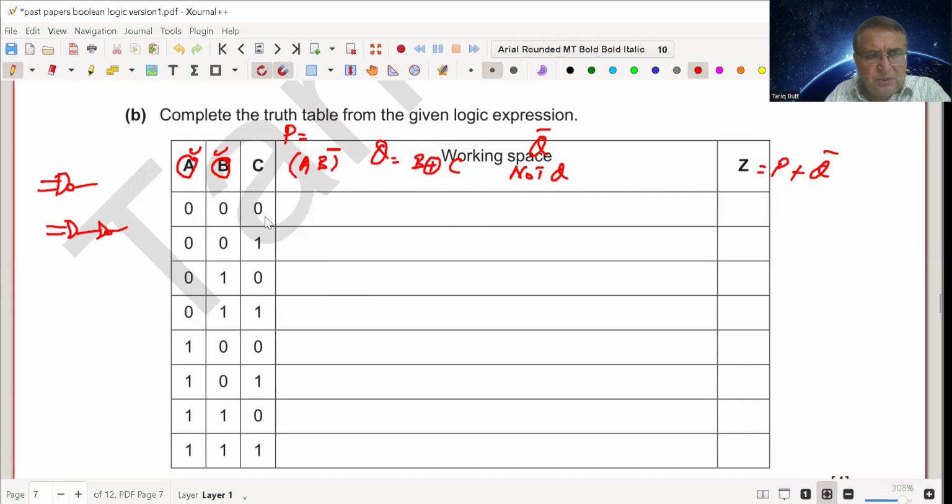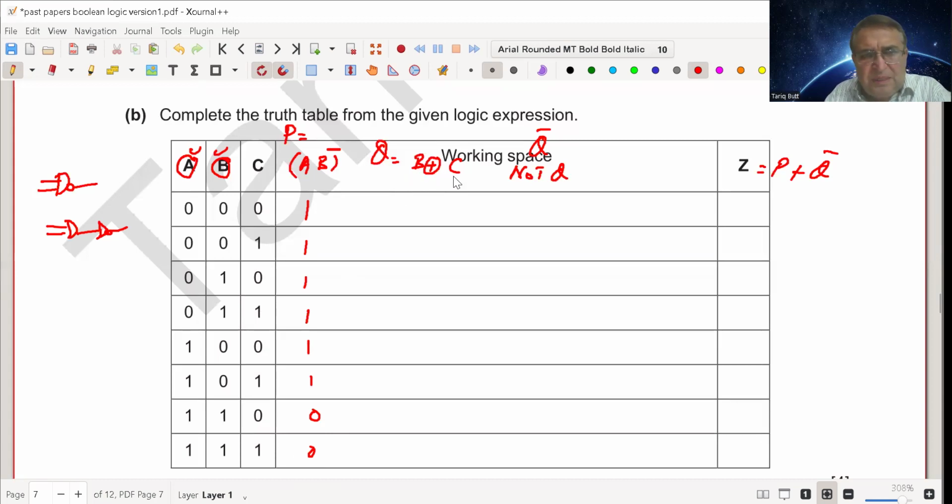So 0 into 0, 0, invert 1. 0 into 0, 0, invert 1. 0 into 1, 0, invert 1. 0 into 1, 0, invert 1. 1 into 0, 0, invert 1. 1 into 0, 0, invert 1. 1 into 1, 1, invert 0. 1 into 1, 1, invert 0. So this is P.